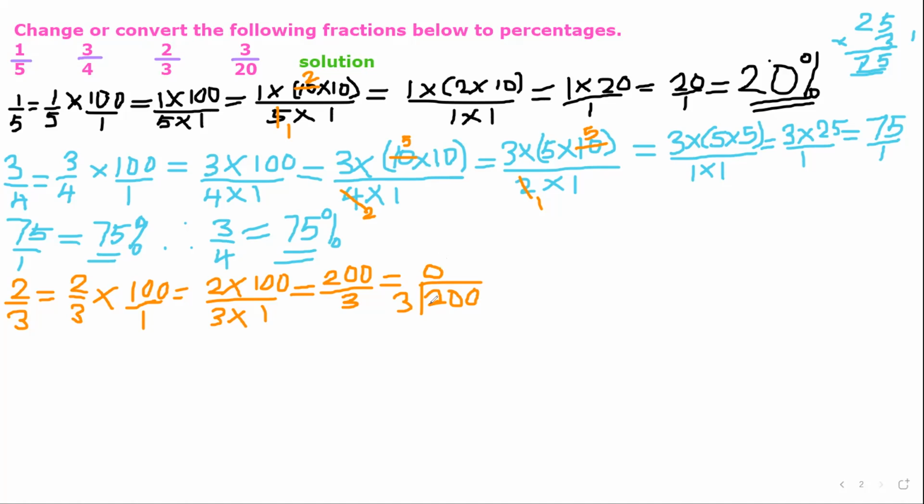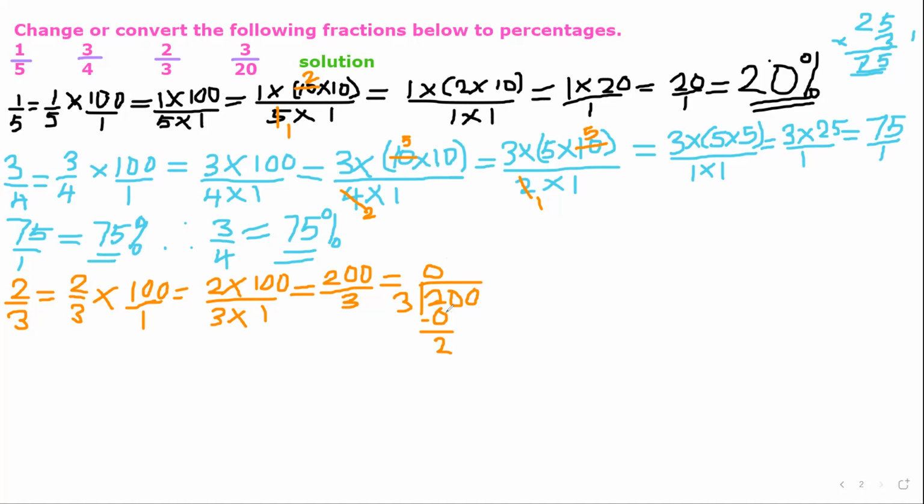First day, they can't share the 2, so each will receive 0. There's no way 3 times anything will be 2, so you write the 0. To confirm whether there will still be a number, use the 0 to multiply the 3. 0 times 3 is what? 0, and then you subtract it, you get 2 as a remainder. So that is the remaining number that they couldn't share.